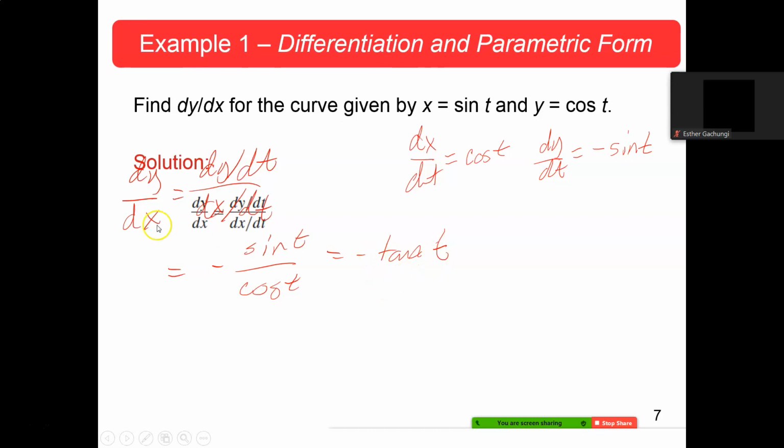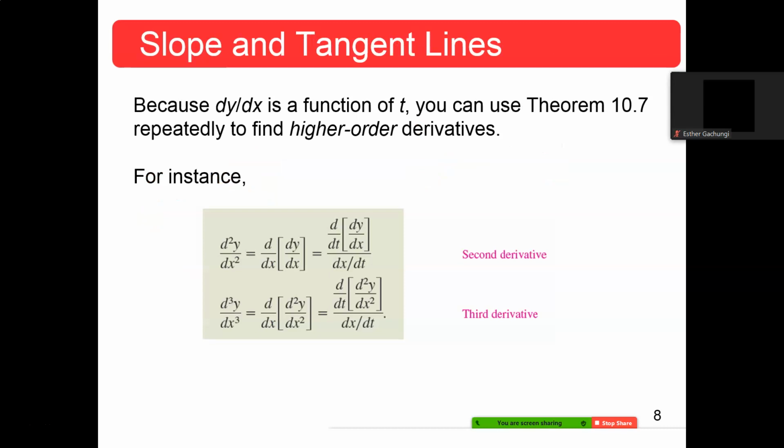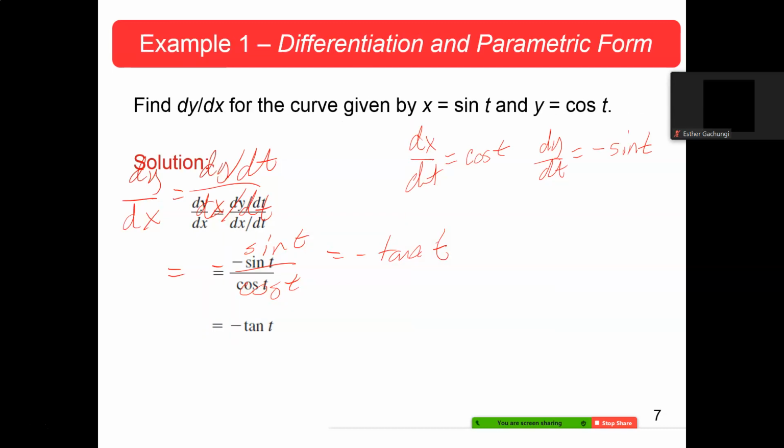There's your solution. dy/dx is dy/dt over dx/dt, just what I have there. That's minus sine t over cosine t, which of course is minus tangent t. Now, do they leave it there? Yes, they do. They don't try to go back to x's. Okay, so that was example 1.